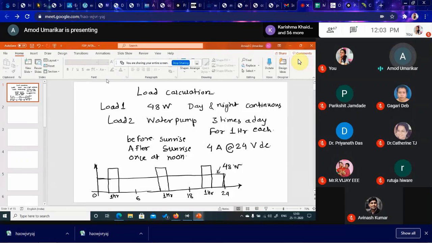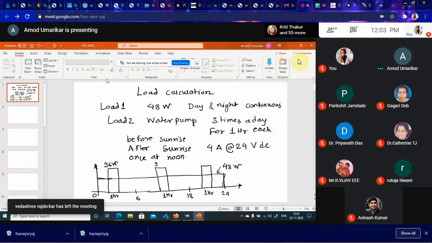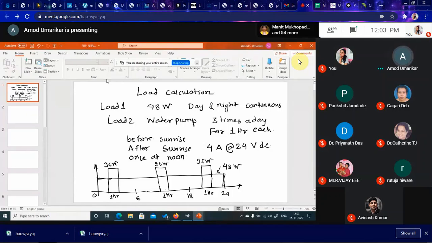The time for which it is on is more important. So this is 96 watt each time. These two types of load we have taken into account: the water pump load and the continuous 48 watt load, full day and night.